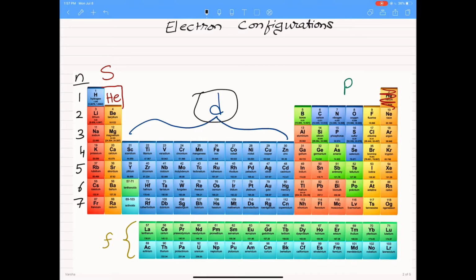So in the previous video, when we found the electron configuration of carbon and sulfur, we used this coefficient, the number of the row that it's in, to denote the 1s, 2s, 2p, etc. But when we get into the D block, it's actually not going to take the same number that it's in the row.